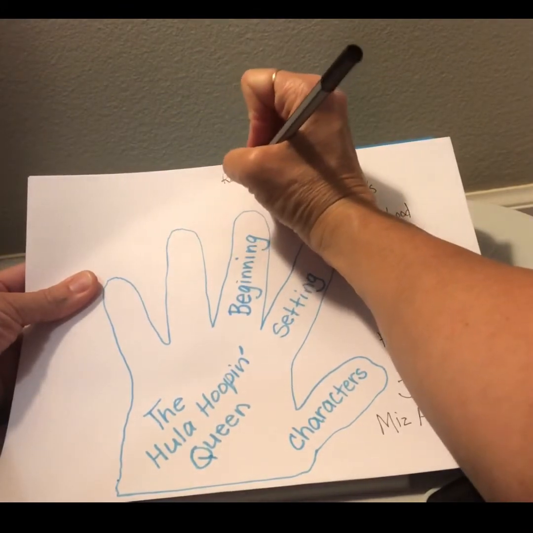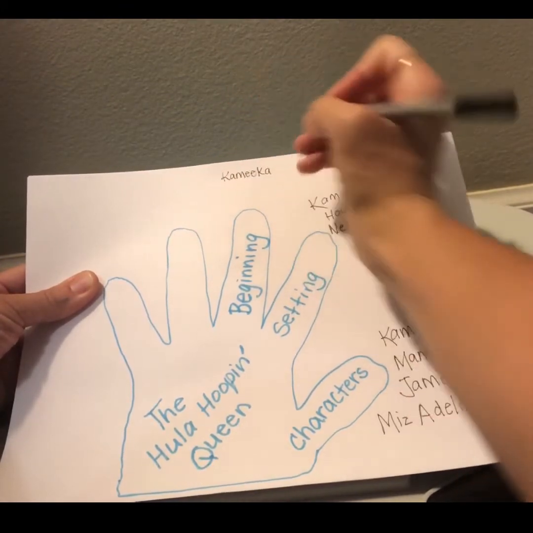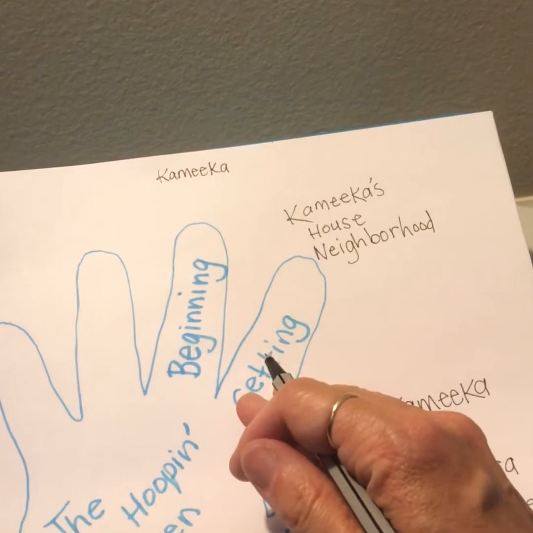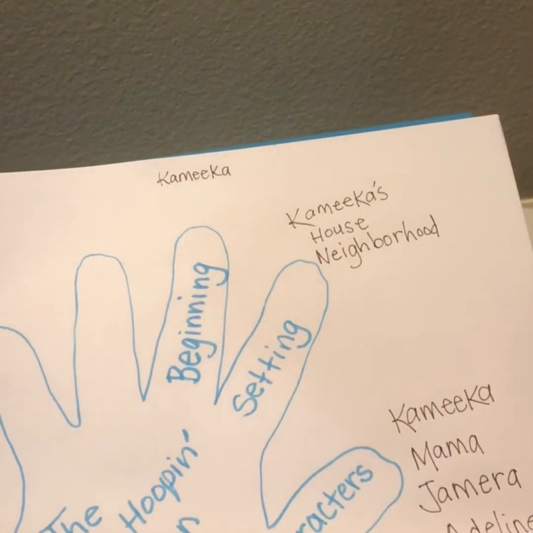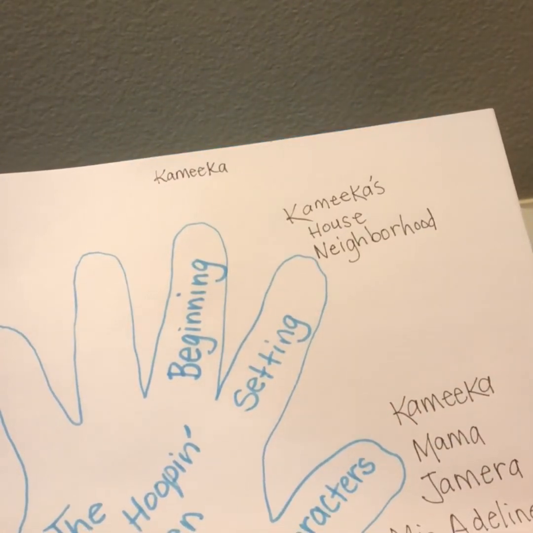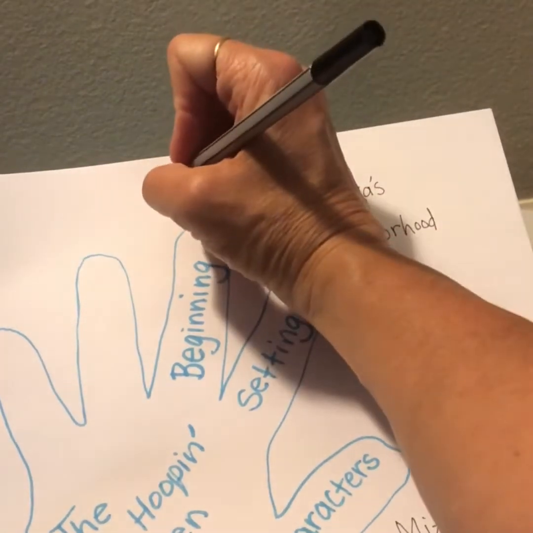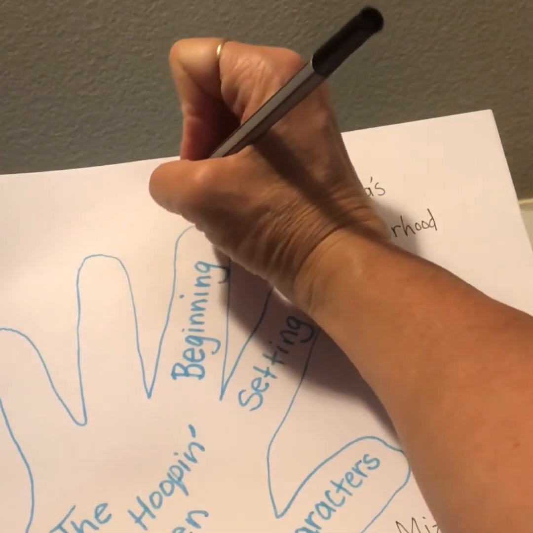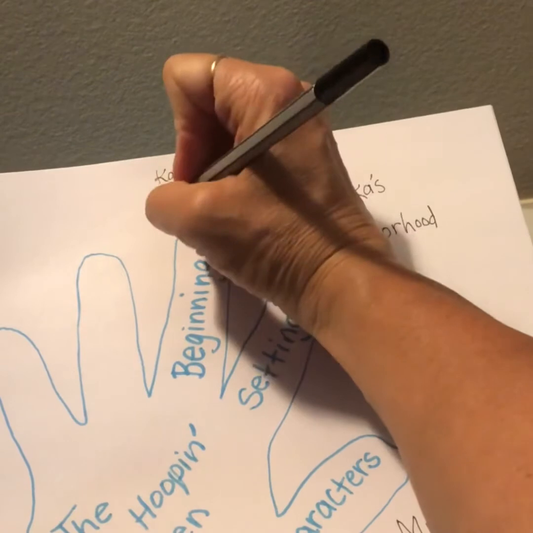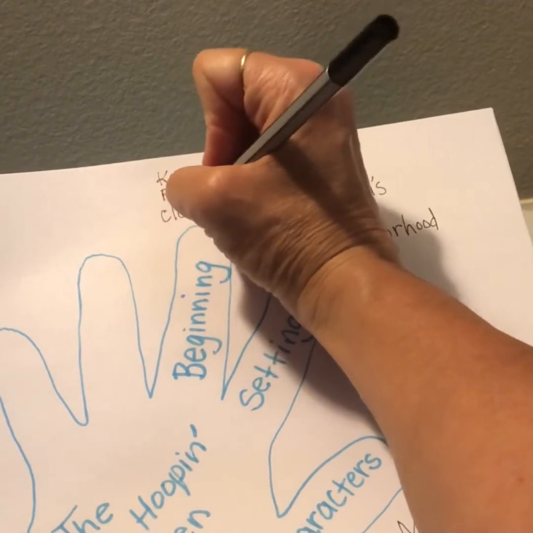Kamika gets up and is ready to go hula hoop with Jamira, but she's not allowed to because they have to get ready for a party and they have to clean the house.